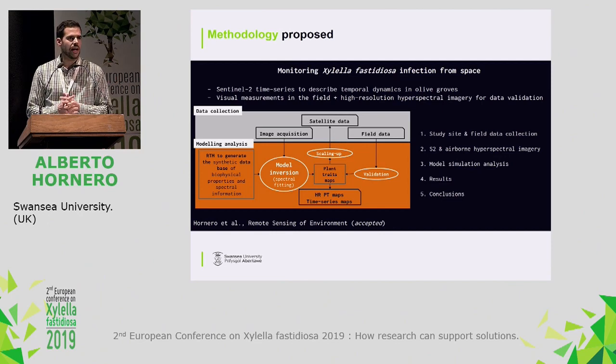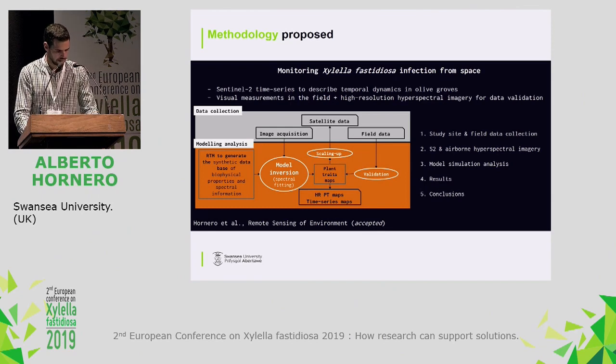A 2-year time series of Sentinel-2 images was used to describe the temporal dynamics of olive groves infected with Xylella fastidiosa. And also, for its validation, visual measurements were made in the field together with high-resolution hyperspectral images taken from an aircraft.